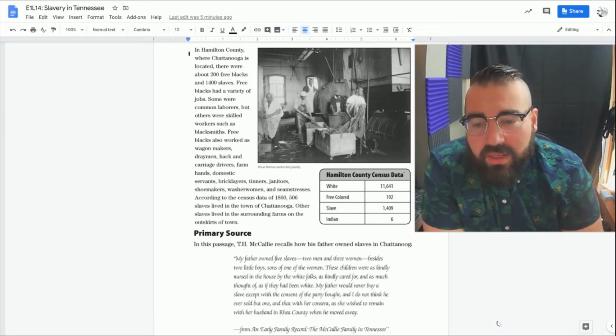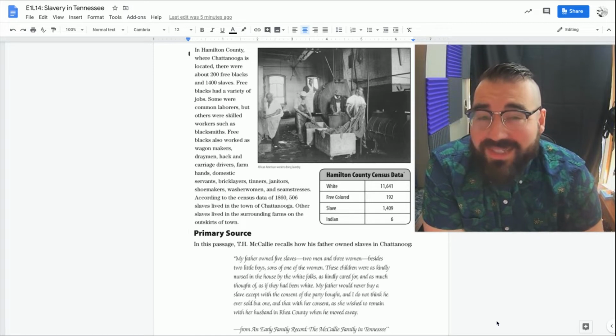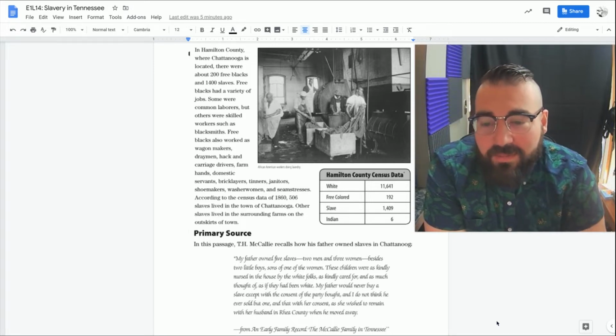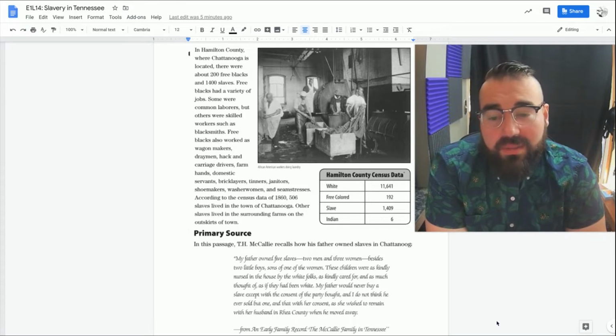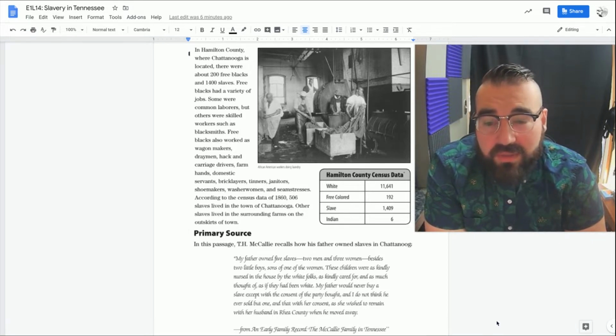In Hamilton County, where Chattanooga is located, our town, there were about 200 free blacks and 1,400 slaves. Free blacks had a variety of jobs. Some were common laborers, but others were skilled workers such as blacksmiths.